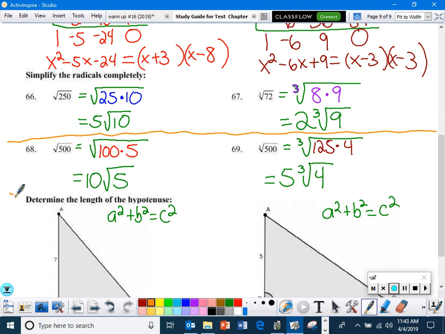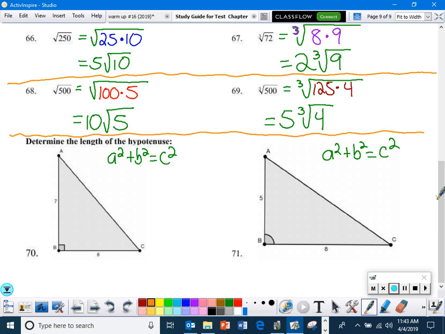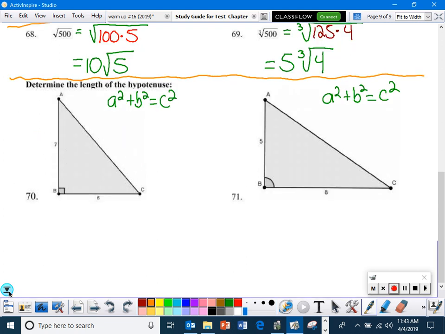All right, last part. Okay, this should look very familiar to you. Determine the length of the hypotenuse. So we need to use a squared plus b squared equals c squared. Remember that the c is always the hypotenuse.